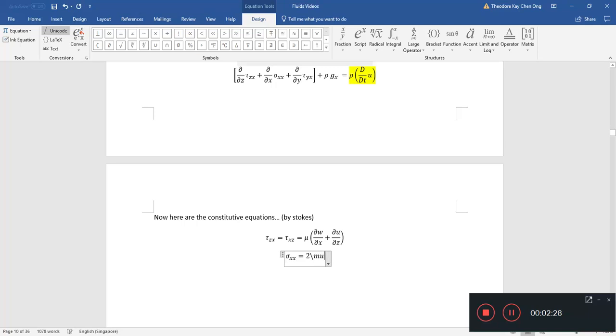This will be 2 mu partial u partial x minus 2 by lambda, minus p. Here lambda is 2.3. We should put a plus here.